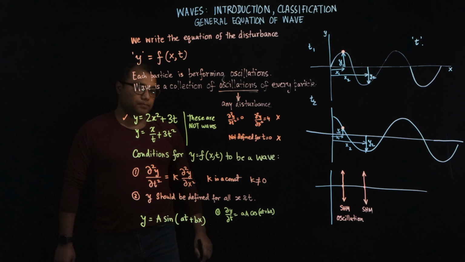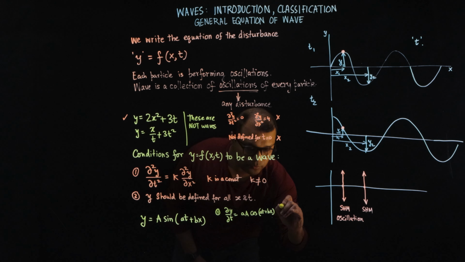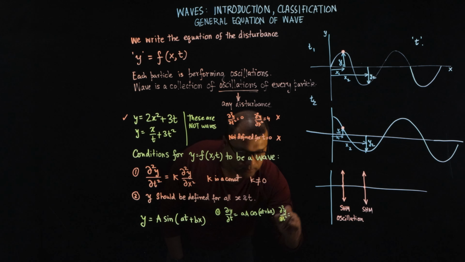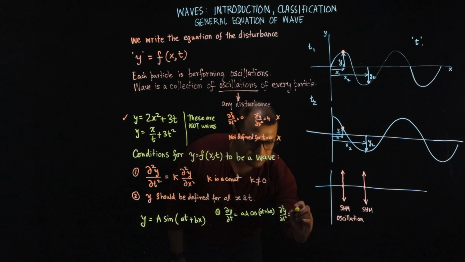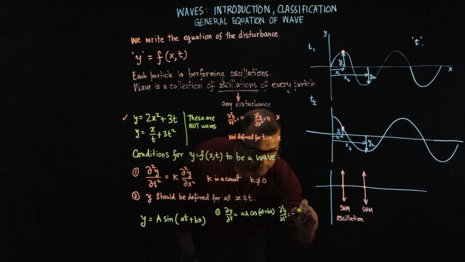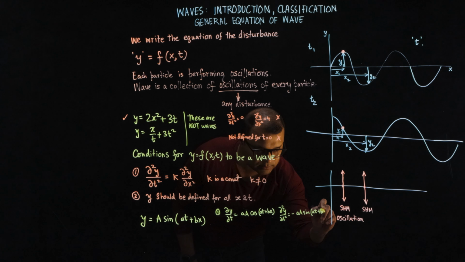This a comes out. And then if we do del square y del t square, cos becomes minus sine, so minus a a sine of at plus bx.